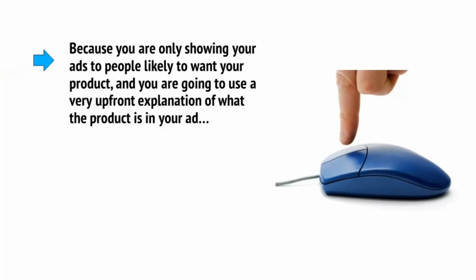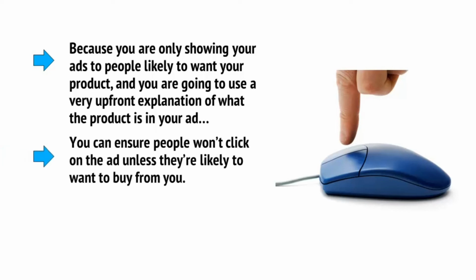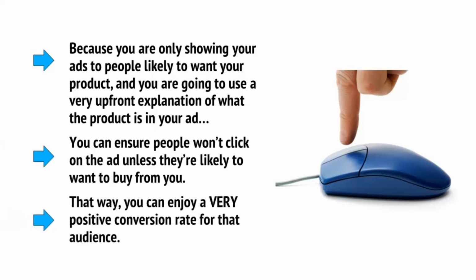And because you're only showing your ads to people likely to want your product, and you're going to use a very upfront explanation of what the product is in your ad, you can ensure that people won't click on the ad unless they're likely to want to buy from you. And in that way, you can enjoy a very positive conversion rate for that audience.